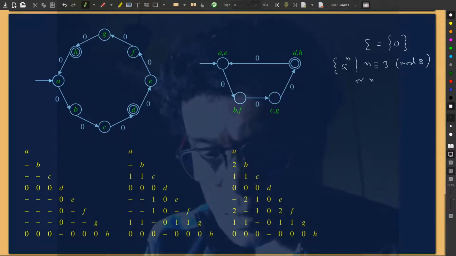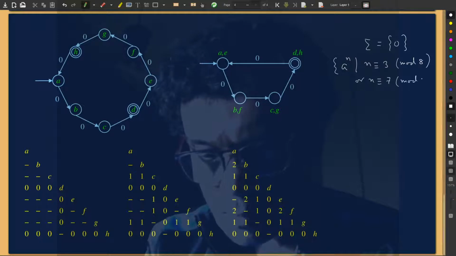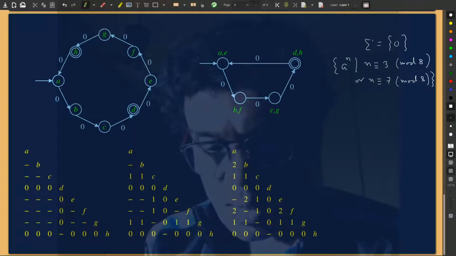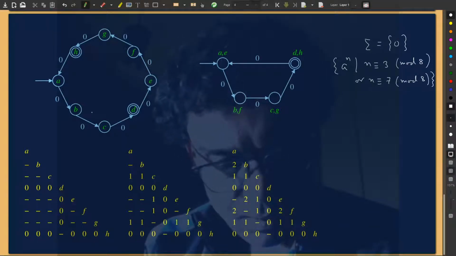N is congruent to 7 modulo 8. This is what this DFA over the unary alphabet accepts.